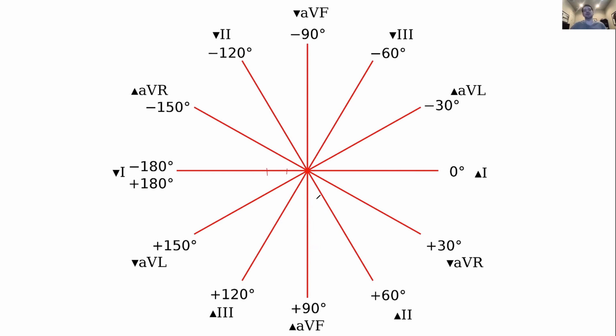Then let's say we have a +6 in AVF, 1, 2, 3, 4, 5, 6. You don't have to draw anything out. You know when these lines cross, you're somewhere over here, between this quadrant, which we're going to talk about in a second. This is a right axis deviation. So the point is, in your head, you should be able to conceptualize what quadrant you're in.